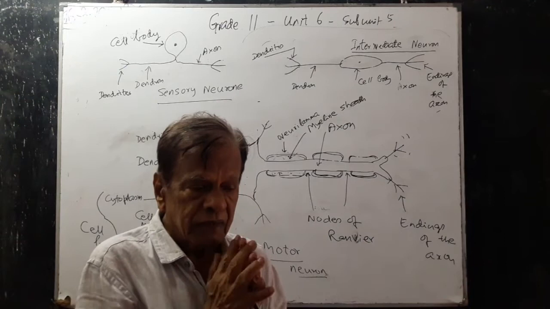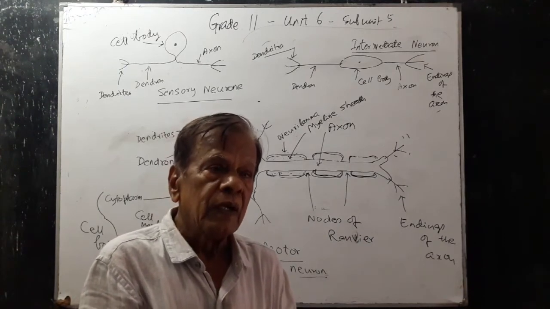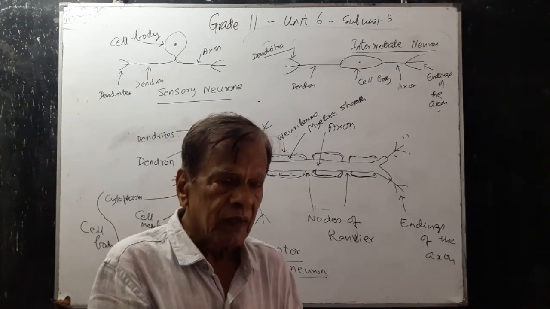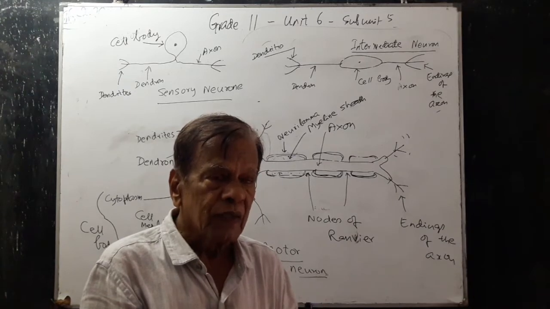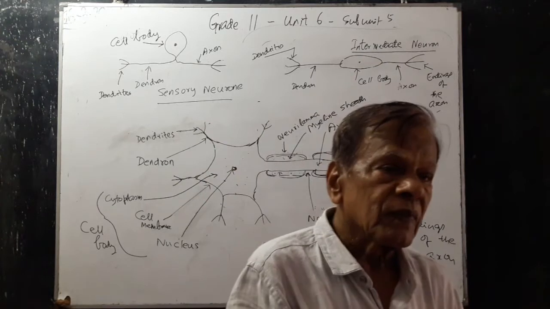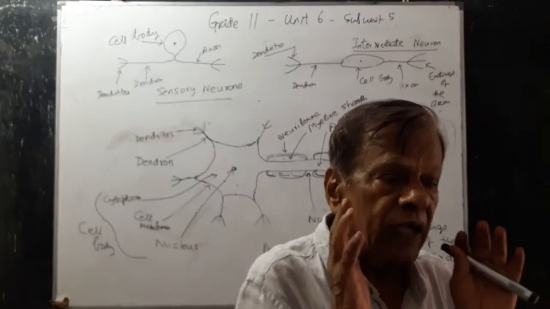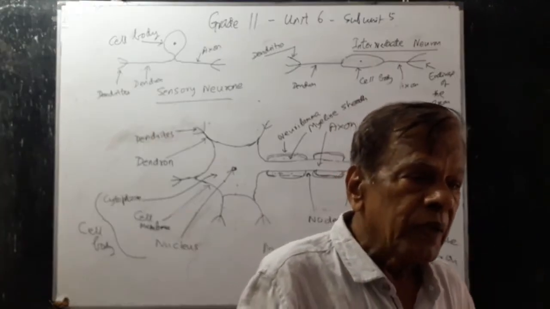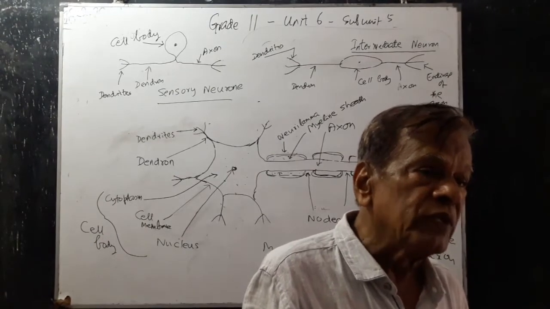Now, let us learn about nerve cells. Nerve cells are also known as neurons. Nerve cells are the building units of the nervous system.